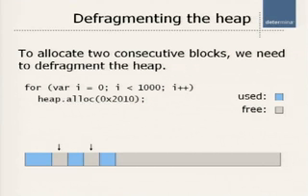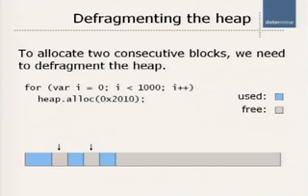But if the heap contains holes, then when you allocate 2 blocks, they might actually go into the holes, and they might not be next to each other. So on the slide there, we have 2 holes, and our blocks are going to get there. And we don't want that. We want them to be next to each other. So to deal with that, we're going to defragment the heap, which can be accomplished by allocating a large number of blocks.